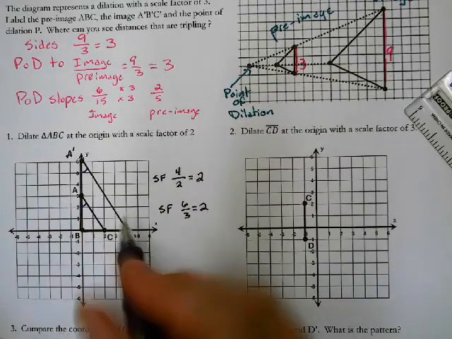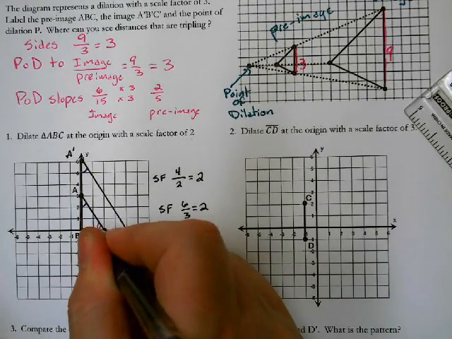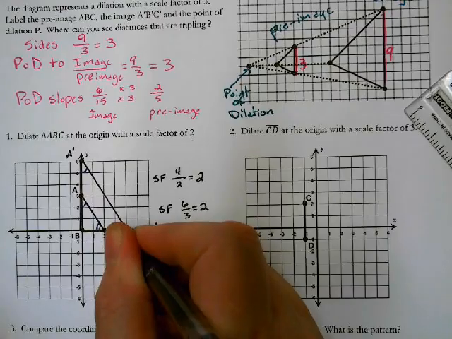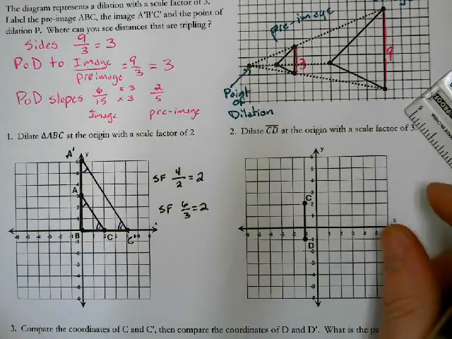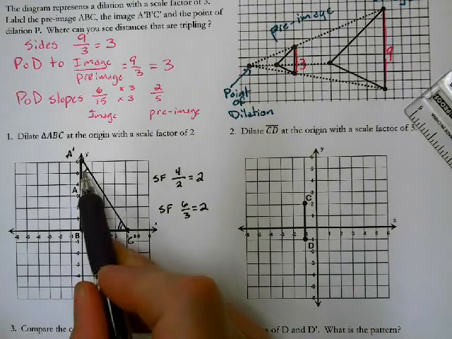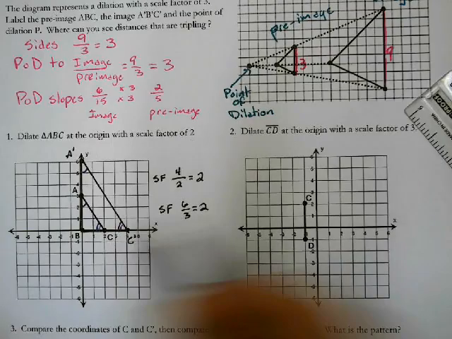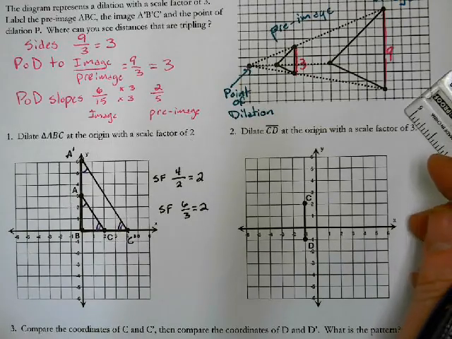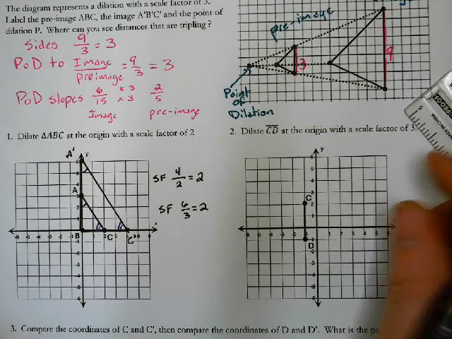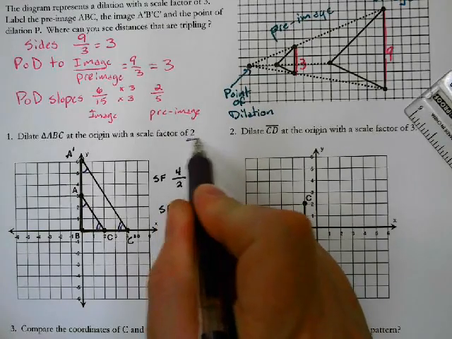The side lengths end up being proportional. Their proportion is the scale factor, which is 2. So this angle has the same measurement as this angle, and this angle has the same measurement as that angle. So the angles are congruent, but the sides are proportional. In this case, our proportion of our sides is 2 because we doubled.